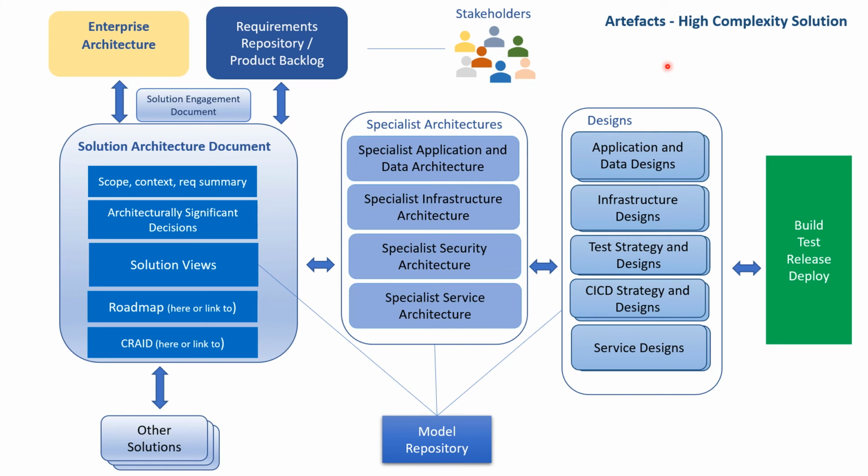So a few diagrams here which outline my suggested approach to structuring solution architecture artifacts. So I've got this one on high complexity, there's one on medium and low complexity that we'll cover in a couple of slides' time.